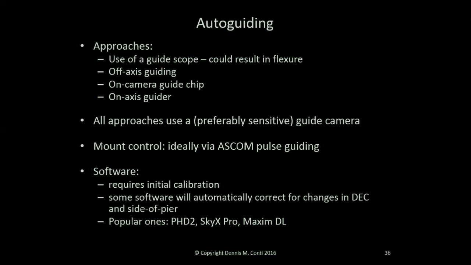So it's not the ideal approach for doing auto guiding, but certainly it has been used in the past. The ideal approaches would be off-axis guiding, as we just described, with a pick-off mirror. There are some CCD cameras that have a guide chip on the camera, and there's now an approach for doing on-axis guiding, where the guide star is actually within the same field of view as the main imaging camera.